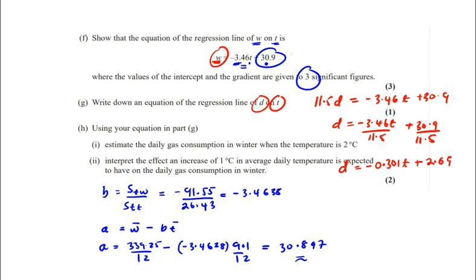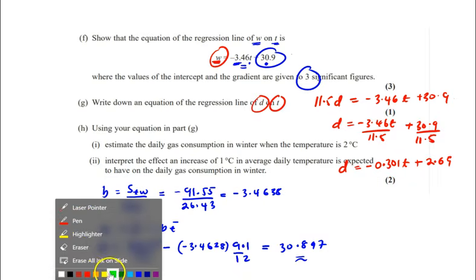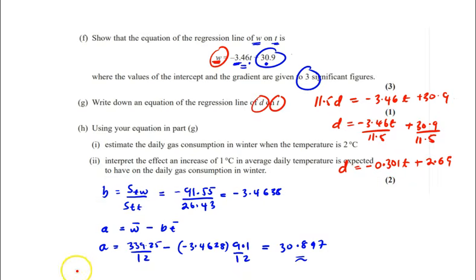We have part H. In part H, they have told us to use our equation G. We want to estimate the consumption at T equals 2. That means we have the equation over here. So for H, we are estimating D, but we've been given T is equal to 2.